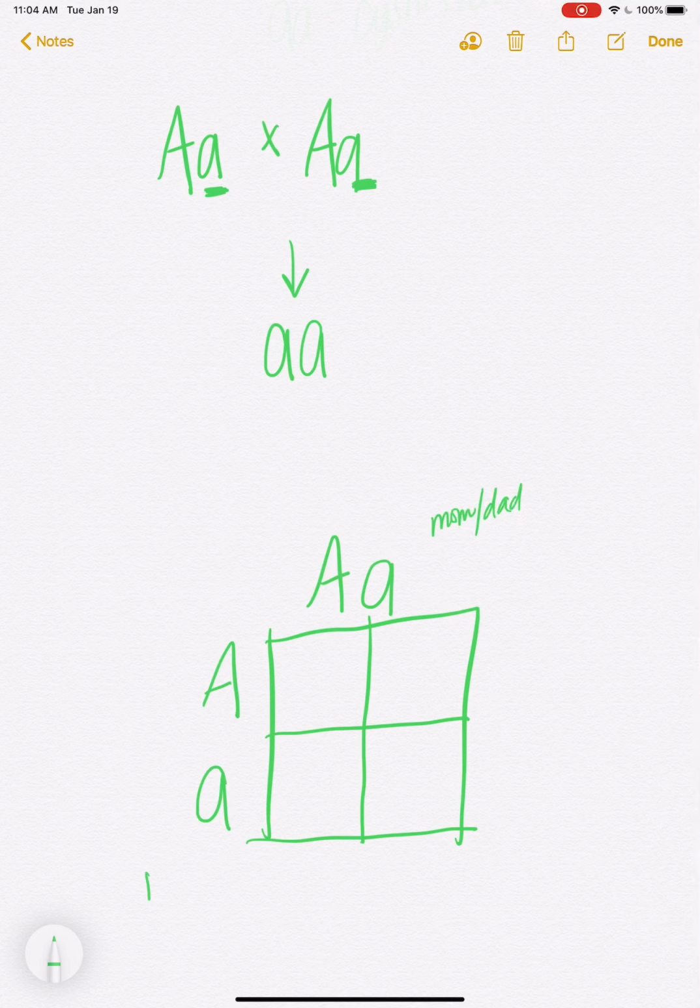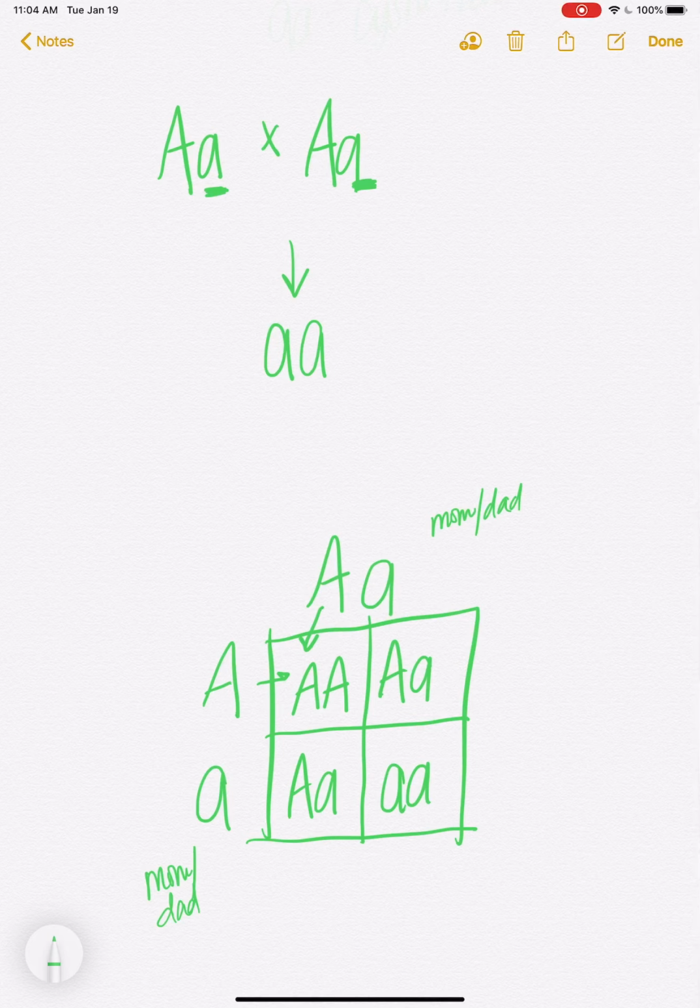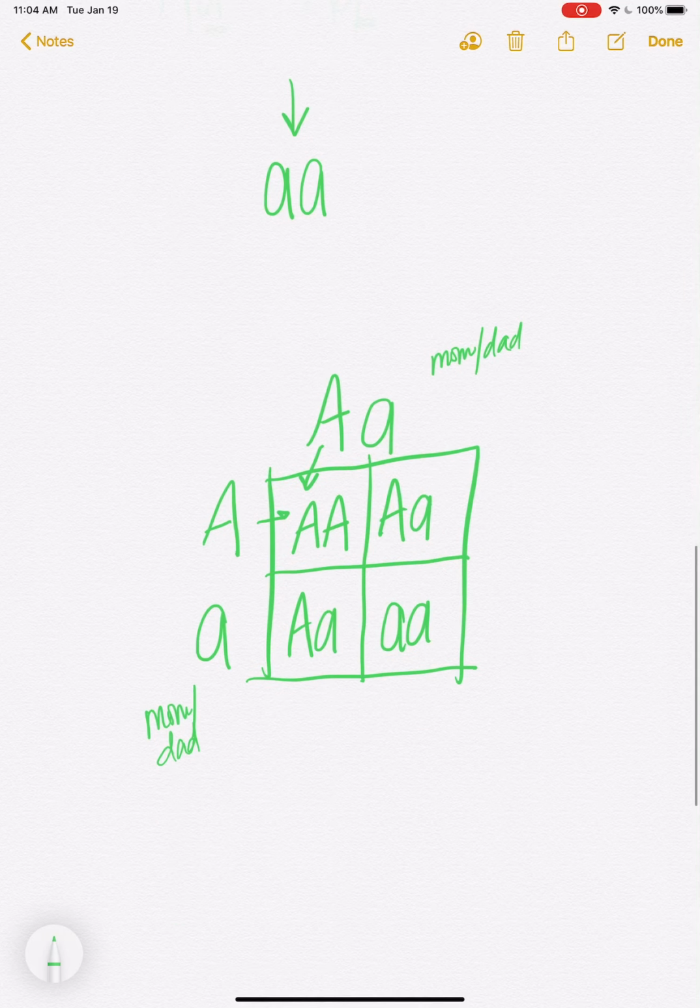One parent goes on the top and one parent goes on the side, and you bring their alleles together. When you complete the square for my friends Sean and Morgan, you see that they had a 25% chance of having somebody with a recessive trait.